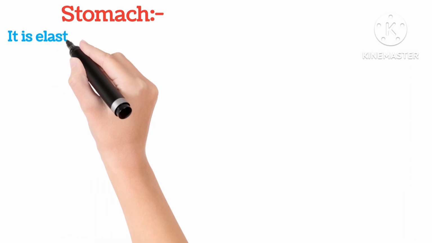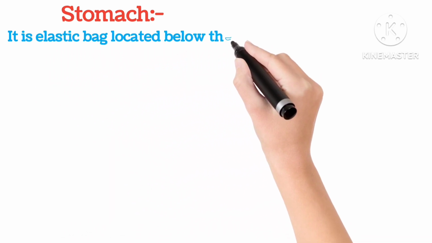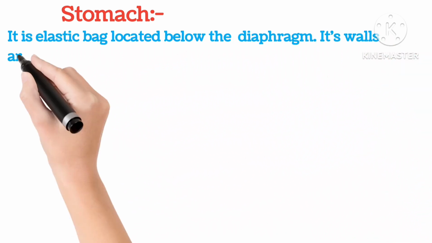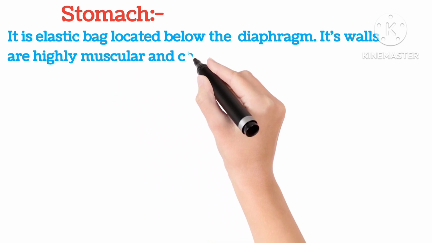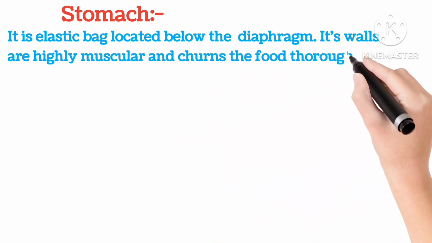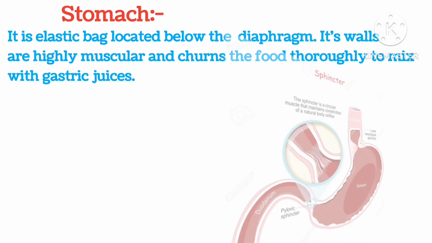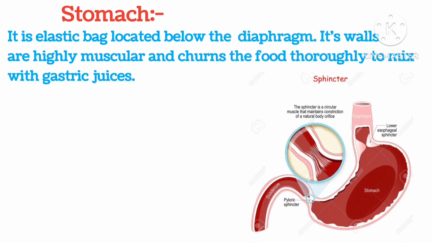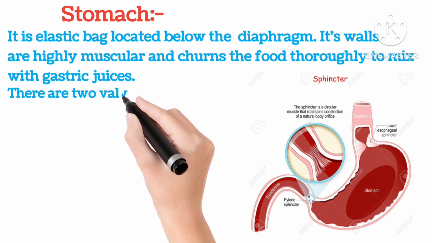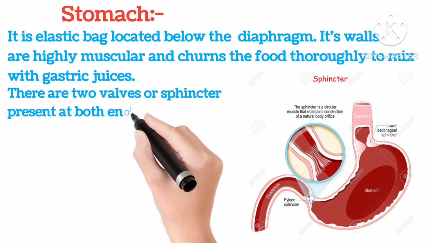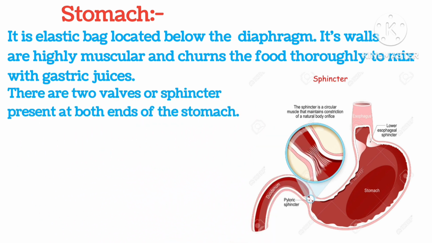Stomach. It is an elastic bag located below the diaphragm. Its walls are highly muscular and churn the food thoroughly to mix with the gastric juices. There are two sphincters present at both ends of the stomach.